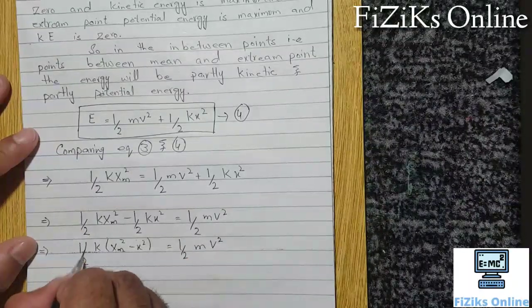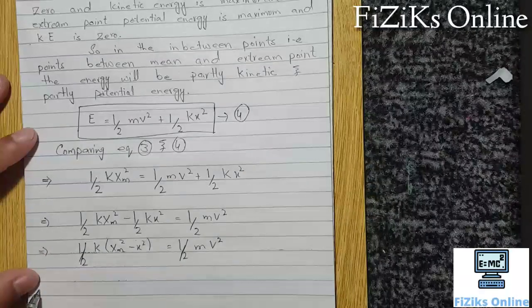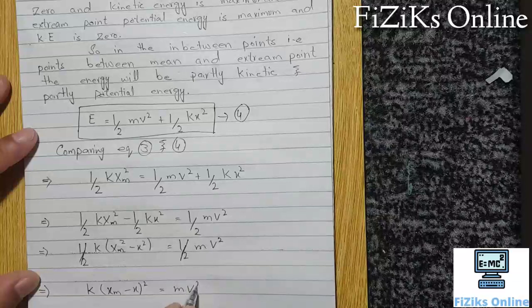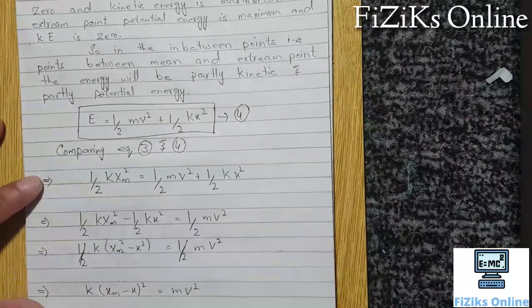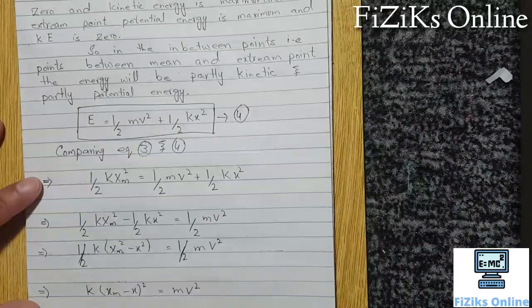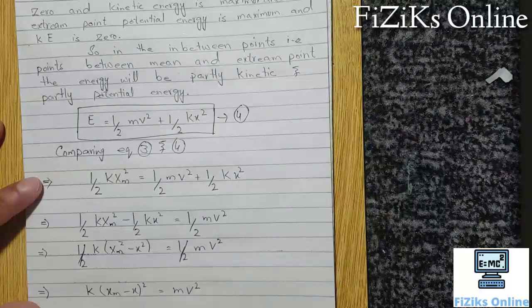Half cancels with half. This implies k (xm square minus x square) equals m v square, so k by m into (xm square minus x square) equals v square.